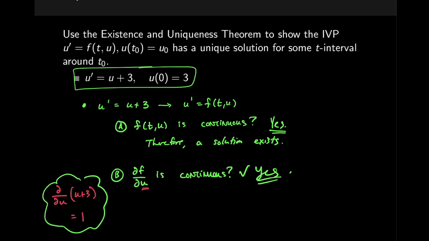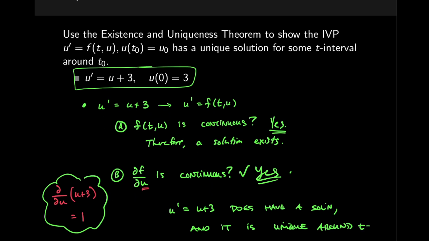So what this tells us is that u prime equals u plus 3 does have a solution, and it's unique, around t equals t naught, by this theorem.